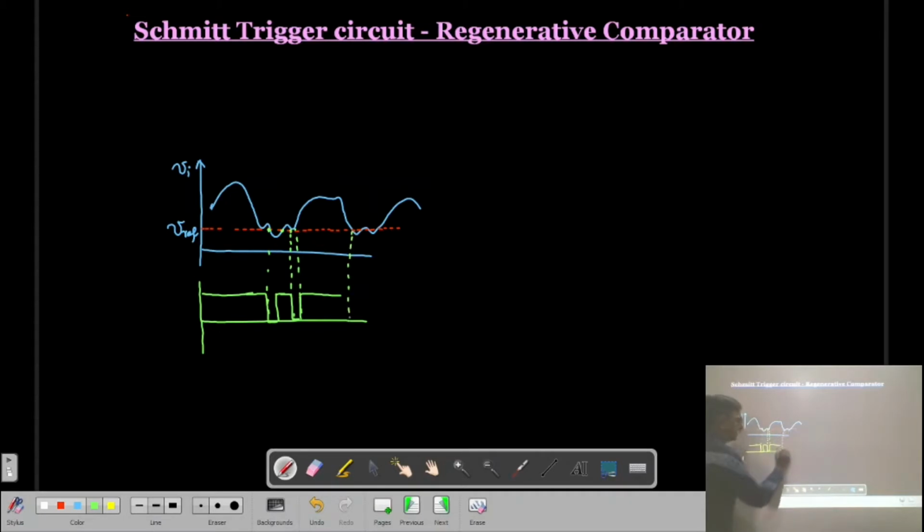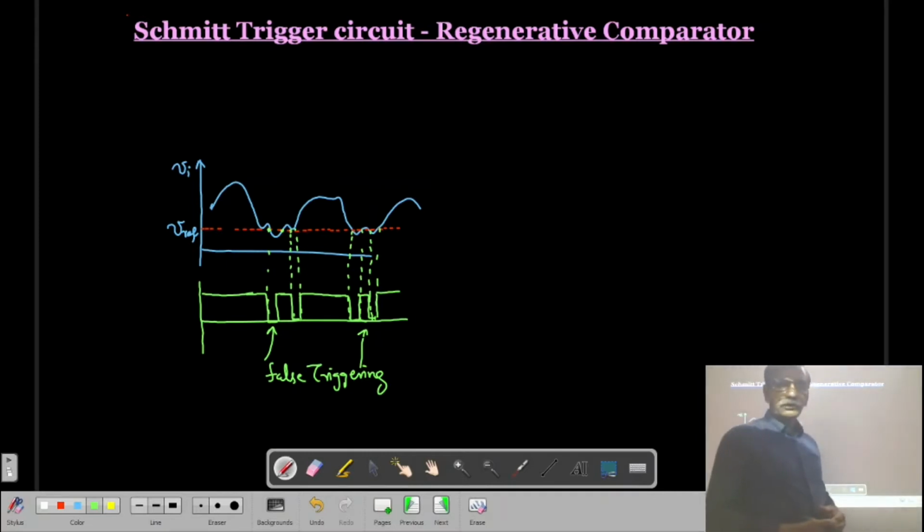At all these points the zero crossing is there, so the output of the comparator will change in this way. Here you can see that this is a false triggering. This is also a false triggering.